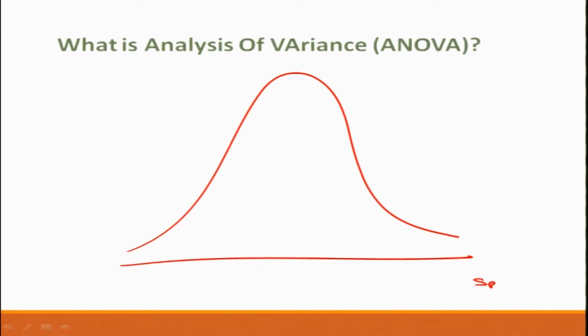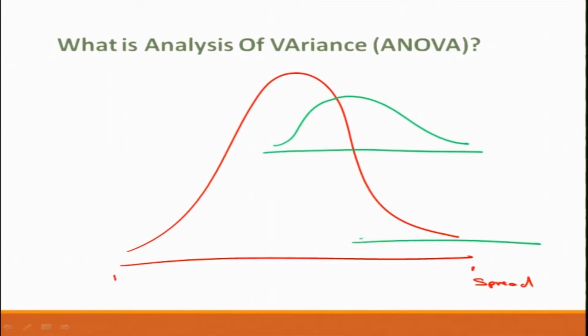This spread from this point to this point is variance. Let me say my three small groups which I am taking here have larger variance. Let me say this variance is large and this variance is again large and this variance is again.